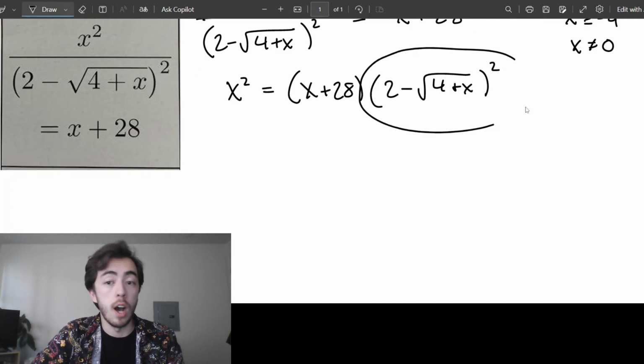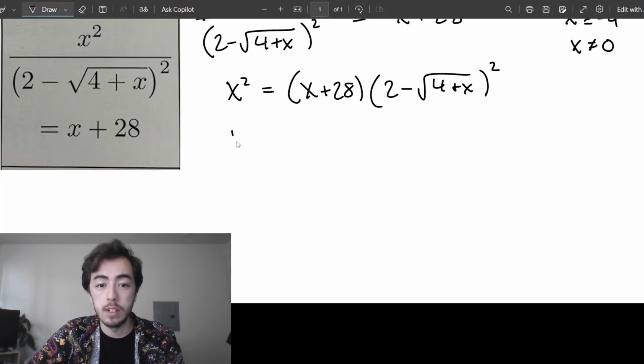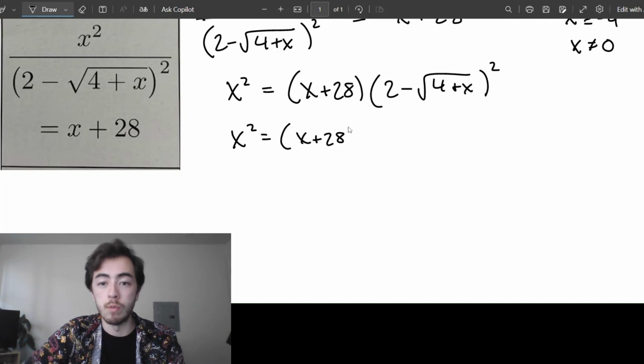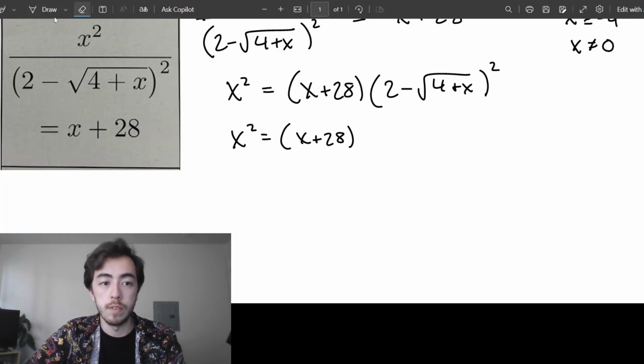Squares and square roots are opposite, so I want to try to expand that left factor and see if I get anything good once I rewrite it in that expanded form. So when you square a binomial, we need to do first times the first. That's going to be 4. Then we're going to do twice the first times the second.